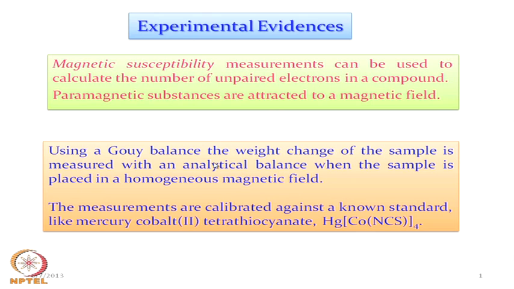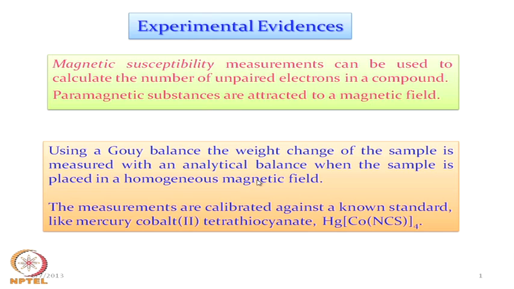So, use of this Gauss balance takes the weight change of the sample, that means the change of weight in presence of the magnetic field and in absence of that magnetic field.